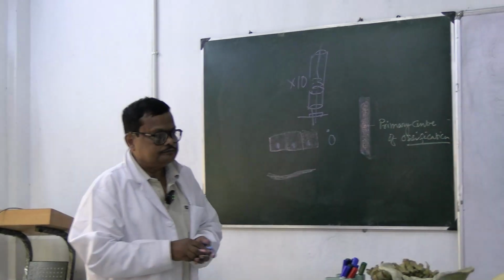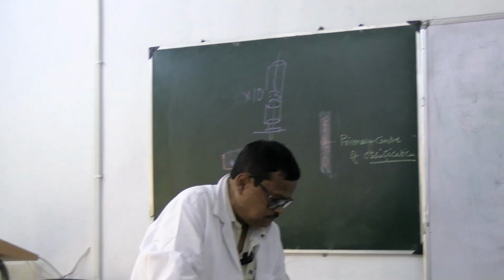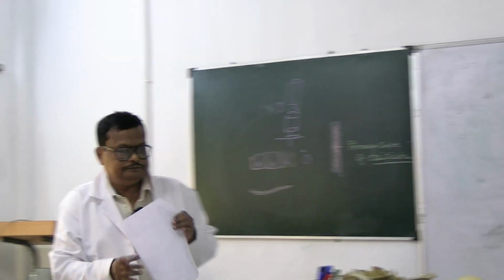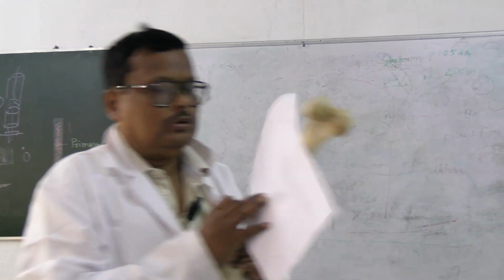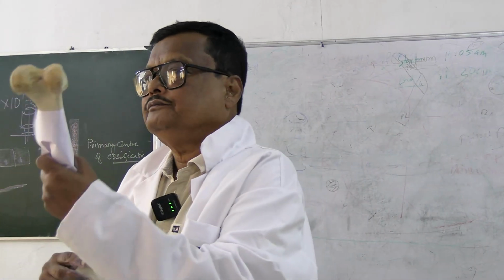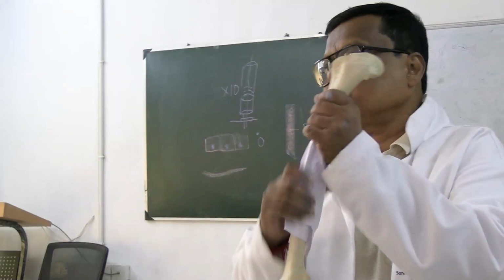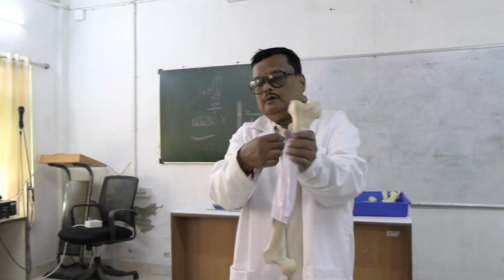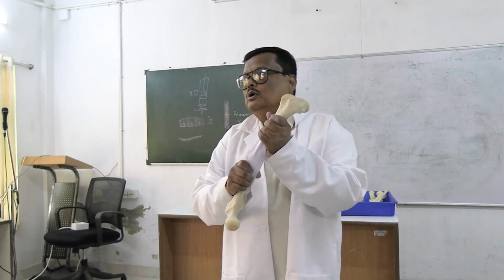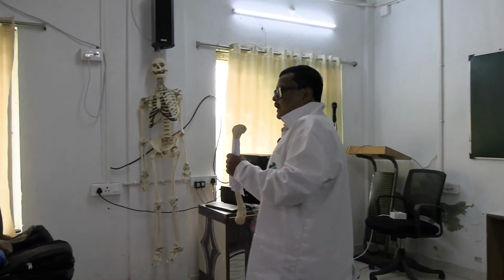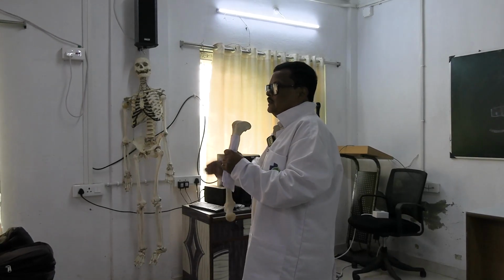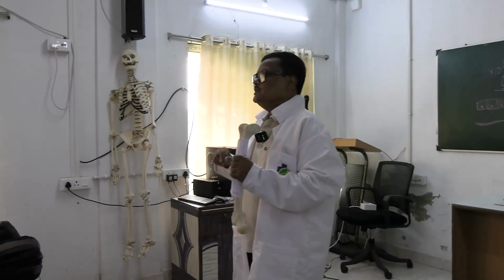Every bone, except a sesamoid bone, is covered by a fibrous tissue membrane. This type of tissue covering the bone we call periosteum. Peri means around, osteo means bone. As it covers the bone, we call it periosteum. In the periosteum, there are layers of bone forming cells.